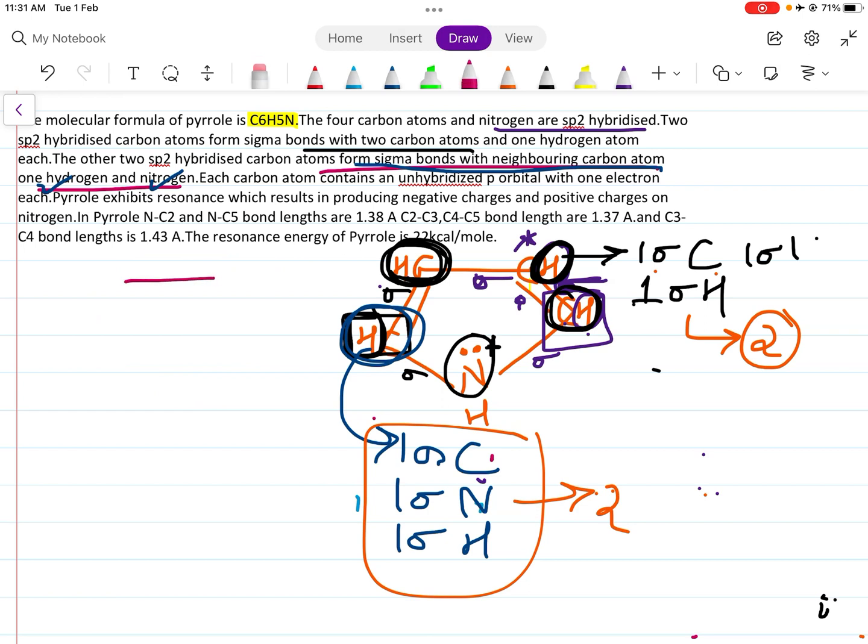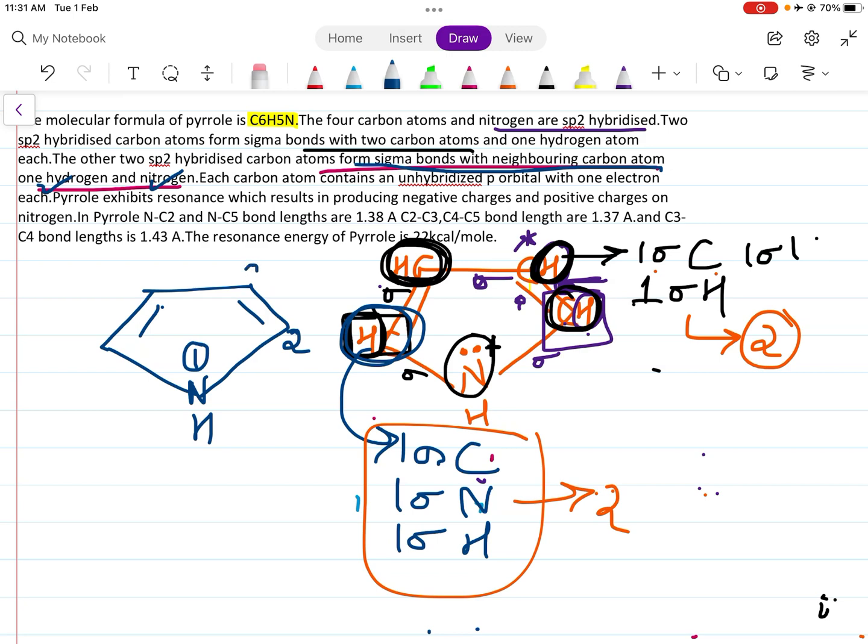So let's see, this is like this, this is N, there is H. If I start from here, this is 1, this is 2, this is 3, this is 4, this is 5.